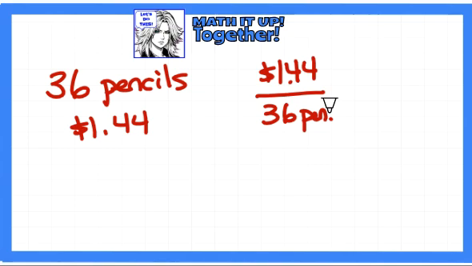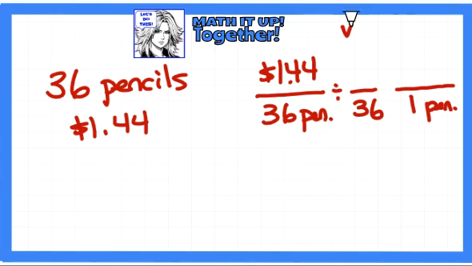I want to find out how much money I'm paying for just one pencil. So again, what we're going to do is say instead of 36 pencils, I'm going to turn that into one pencil. And then I have to figure out how to make this work. Again, I can multiply or divide by any version of 1 I would like. If I want to turn a 36 into a 1, I have to divide 36 by 36.